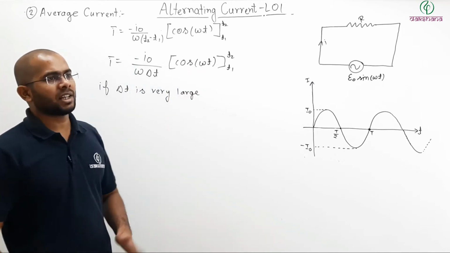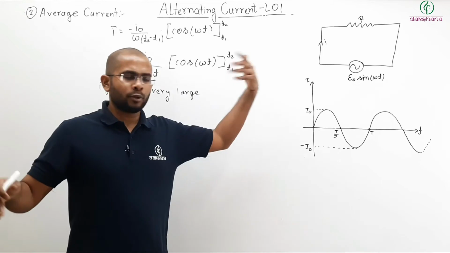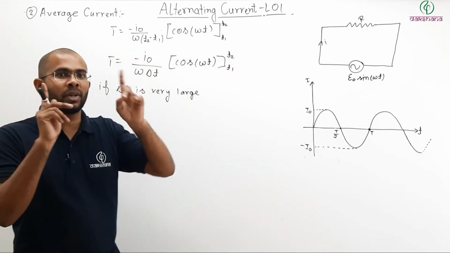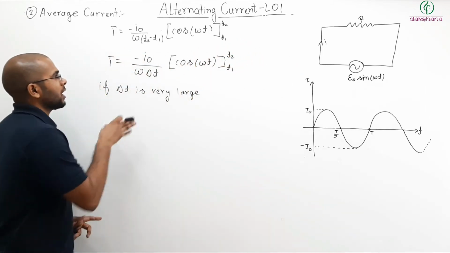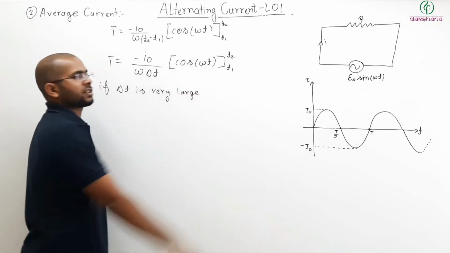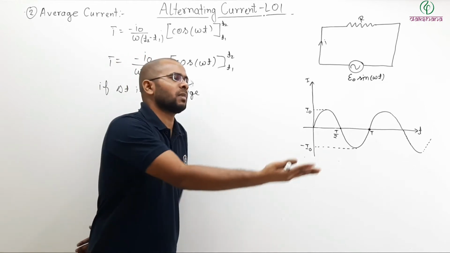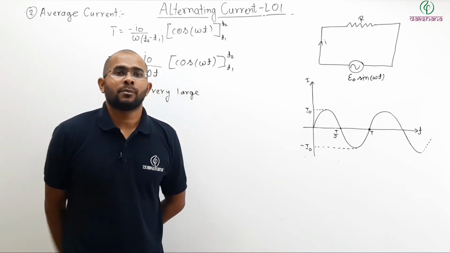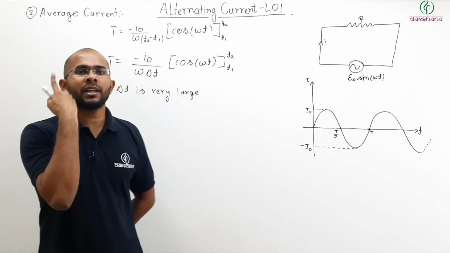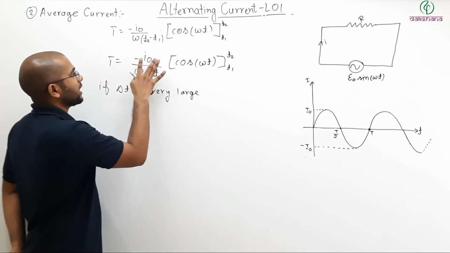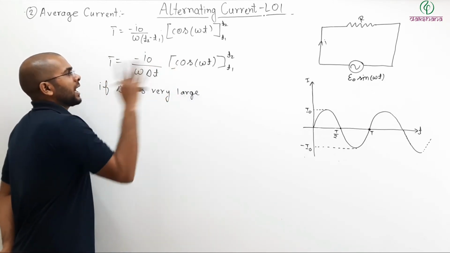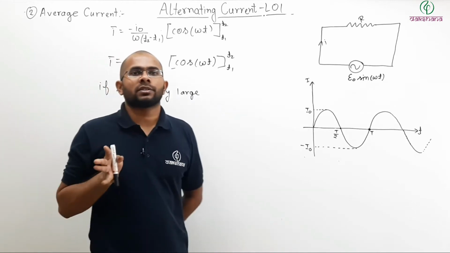You may say, sir, if the time period is very large, the numerator will also increase. But no. You see here, the numerator is a cos function, cos of omega t. And what can be the maximum value of a cos function? The maximum value of a cos function can be 1. So here, your numerator cannot exceed I naught.